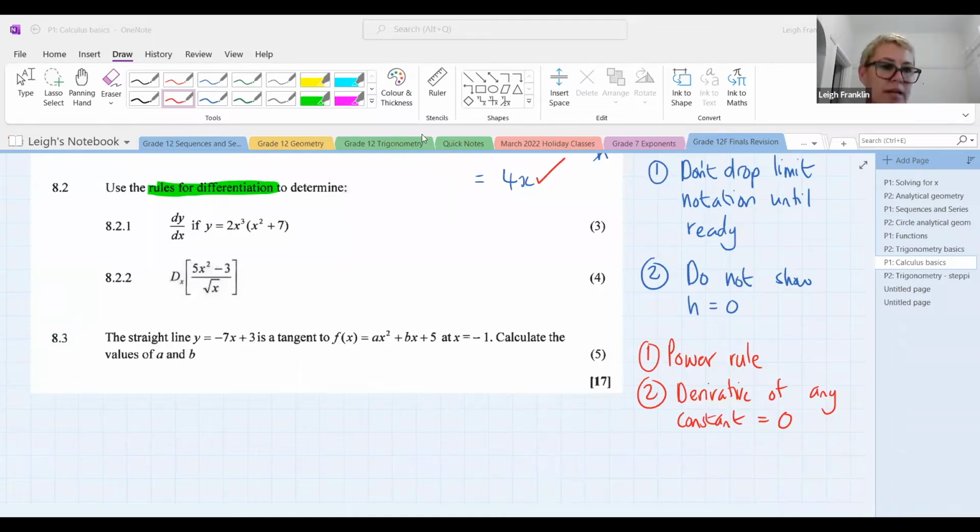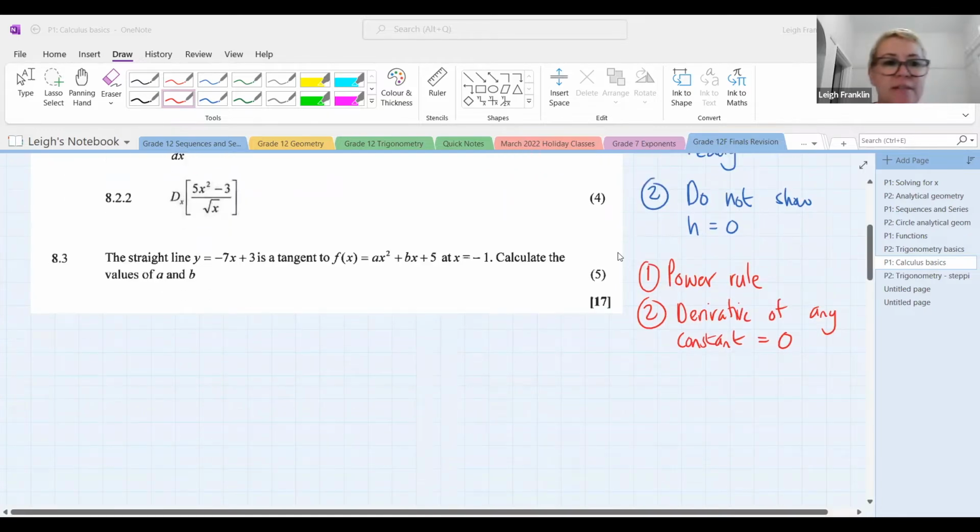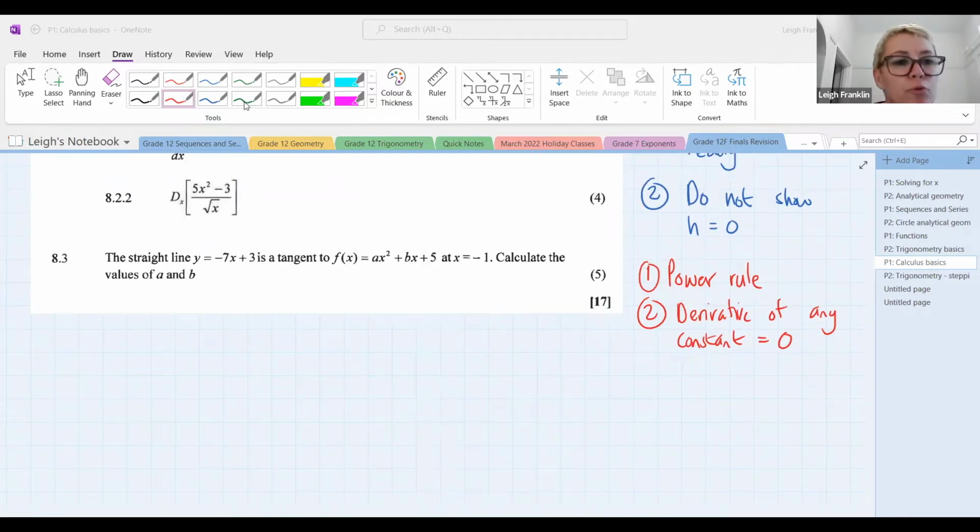The other thing that we need to know before we can answer the questions in this section, and these maybe are not so much rules, but it's a way of having to be able to work with all of this information. There are things that we need to remove.